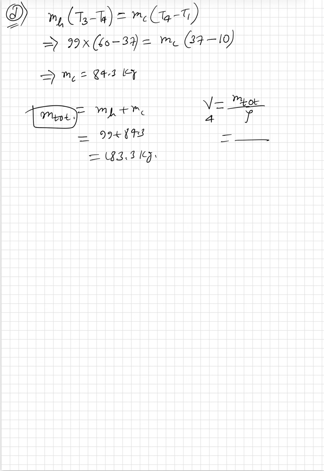We have the total mass here, 183.3 kg, and they mentioned the density as 990 kg per meter cube. So it would be 183.3 upon 990 meter cube, and to convert it to liter, because they have asked for it, you have to multiply by 1000. Then you will get 185.15 liter. That is our final answer.